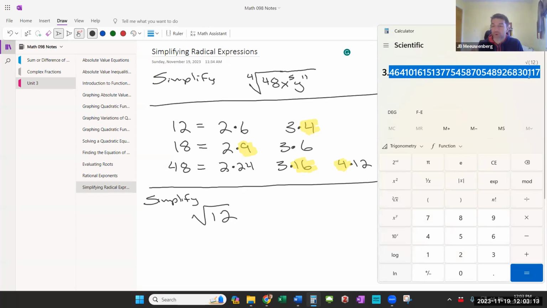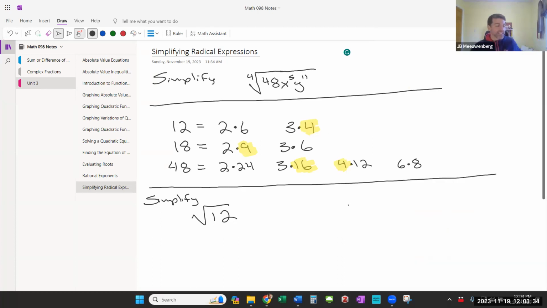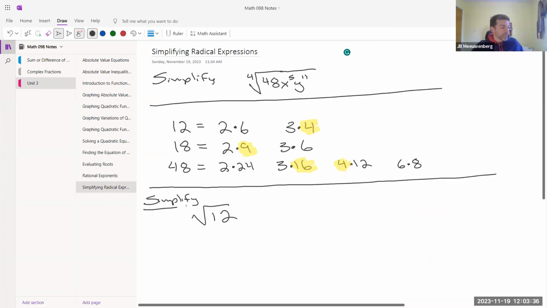It even goes beyond what's shown in this calculator. This is called an irrational number. It's a number that can't be written as a fraction in any way. When we take square roots of non-perfect squares like 12, this is what we always get. That is not what we are doing in this video. We want to simplify this thing.